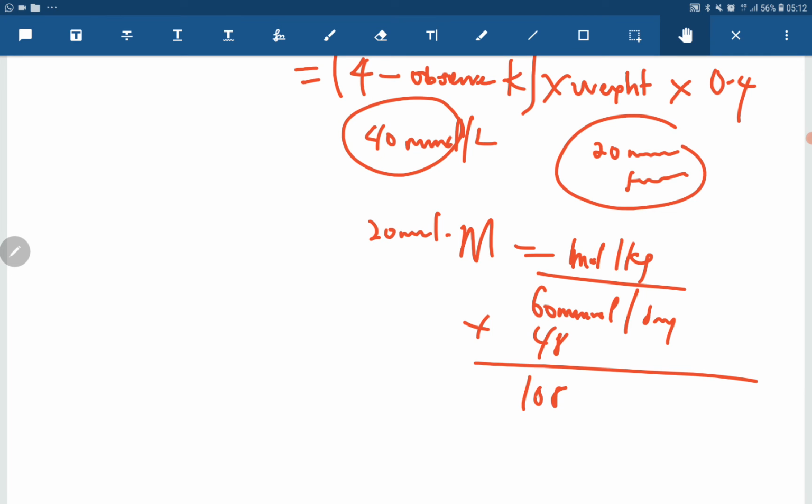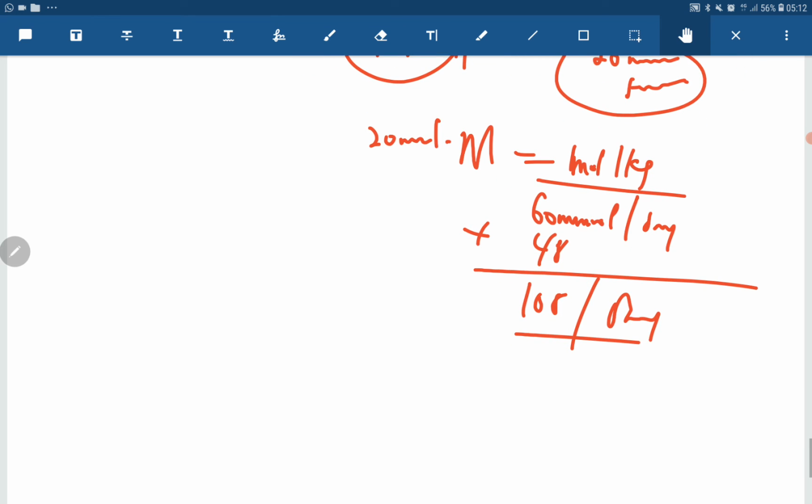That's what he needs for that day. So you have to find a way of dividing this 108 into the fluid you're going to give to the patient in the emergency, in which you won't have more than 40 millimole in 1 liter. That's very important. And you still need to check 4 hourly for electrolytes.